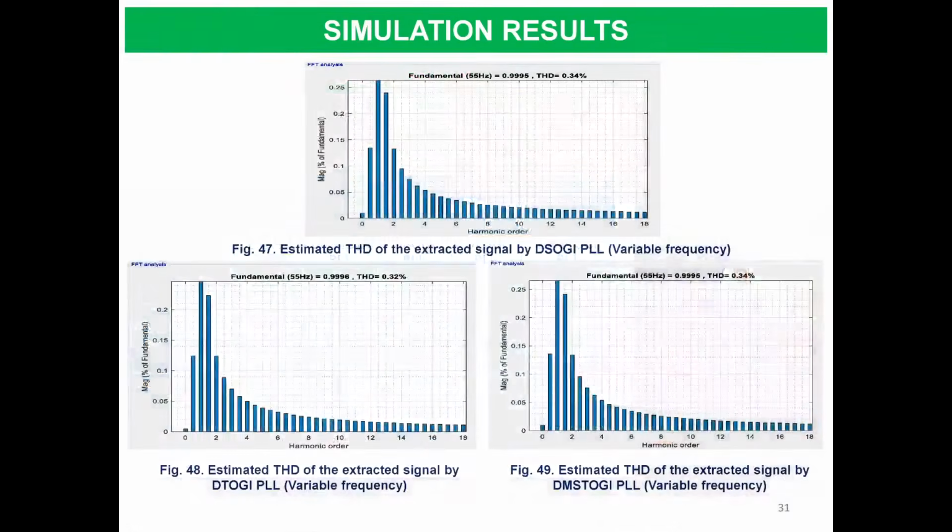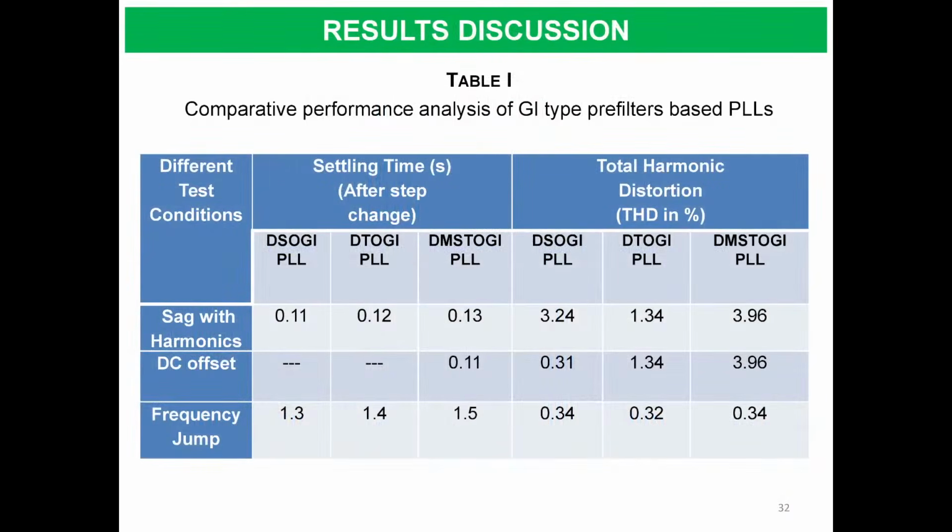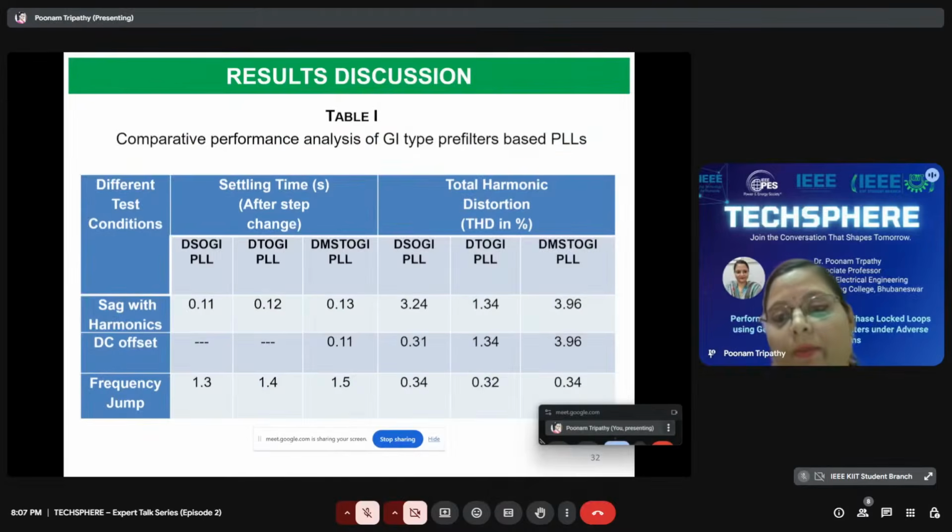Whereas it can be confirmed that the DMS-TOGI PLL has a superior performance in comparison to the SOGI and the TOGI filter based PLL, showcasing an advanced filter disturbance rejection capability with faster system dynamics, minimum settling time, minimum THD content, leading it to be an advanced as well as robust grid synchronization technique, which must be suitable for the integration of the renewable energy sources with the utility grid.